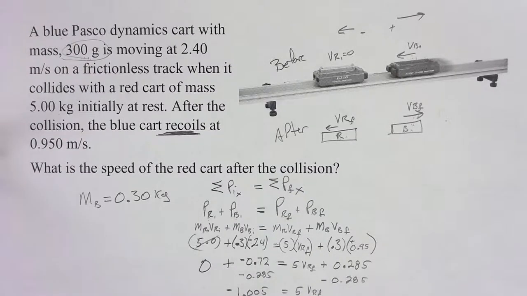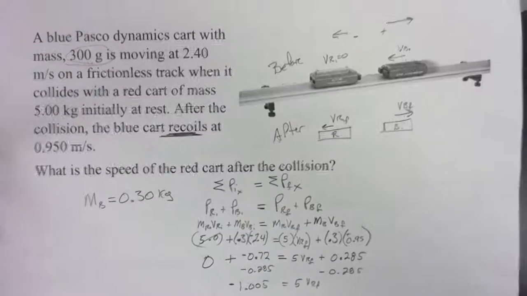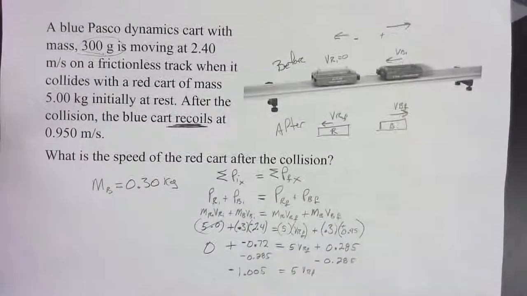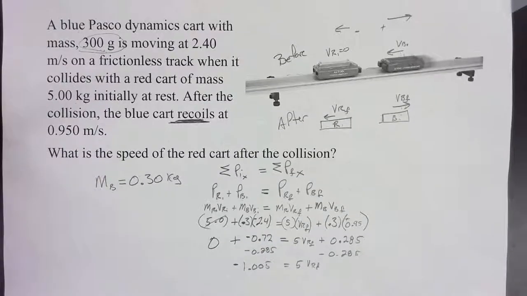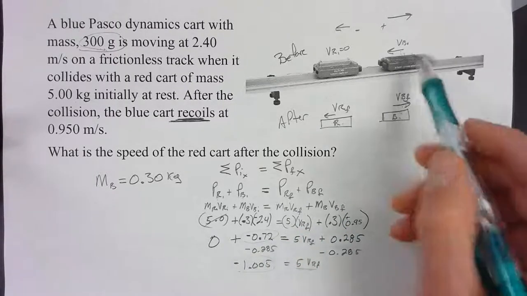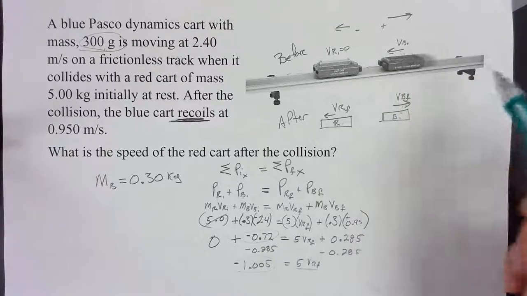Now notice I had mentioned this earlier. Let me make sure we can see everything on the video. There we go. This is the momentum of the red cart after. Notice how it's greater than the momentum of the blue cart initially.